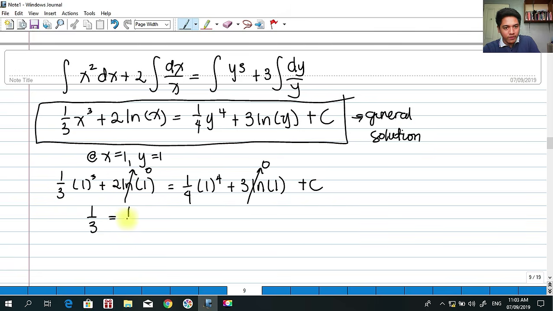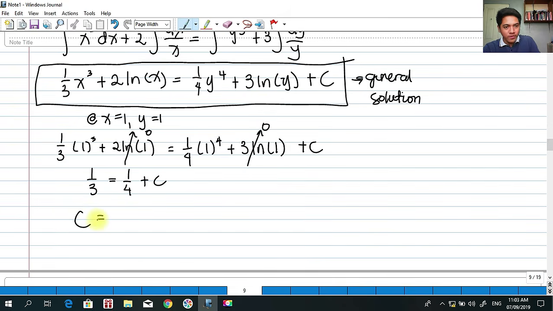1/3 is equals to 1/4 plus c. We need to find c. c therefore is 1/3 minus 1/4. Okay, so what will happen here? 4 minus 3 over 12 is 1 over 12. So our value of c is 1 over 12.